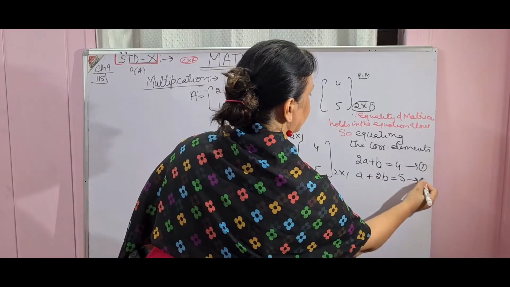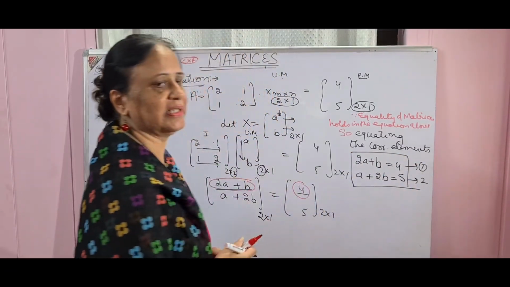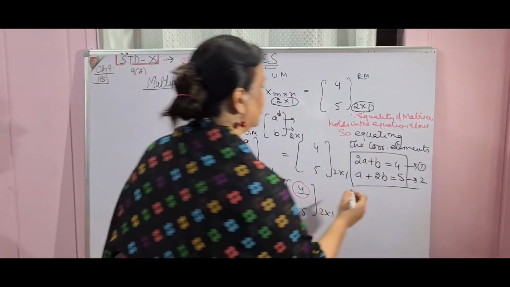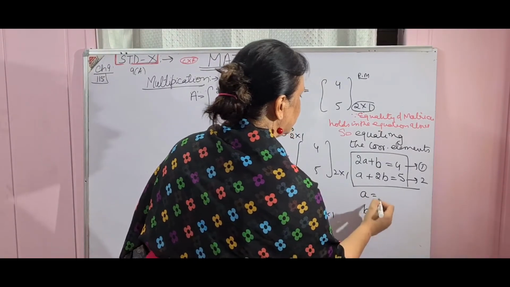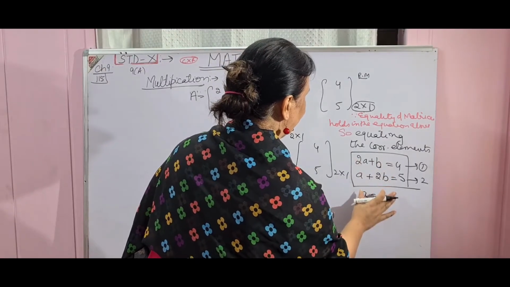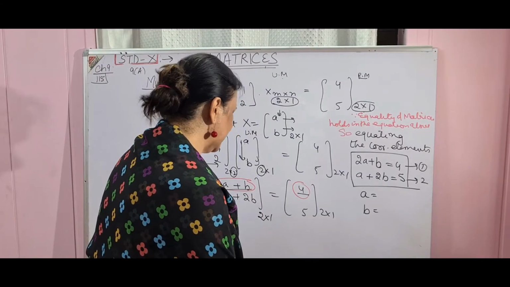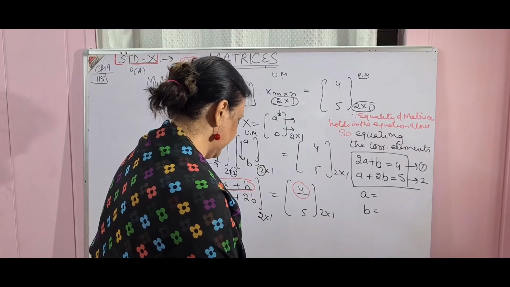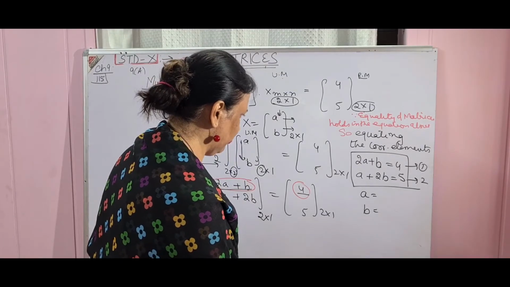Equations 1 and 2. Solve it simultaneously, and simultaneous is not a new word to you. Solve it simultaneously to get the value of a and b. Suppose I get, I don't know how much, what you will get. You solve it and you will get some value. You solve it by equating the coefficients.